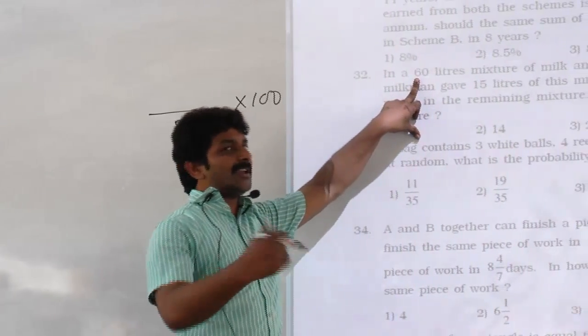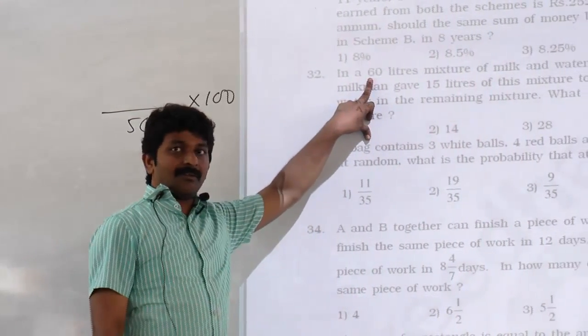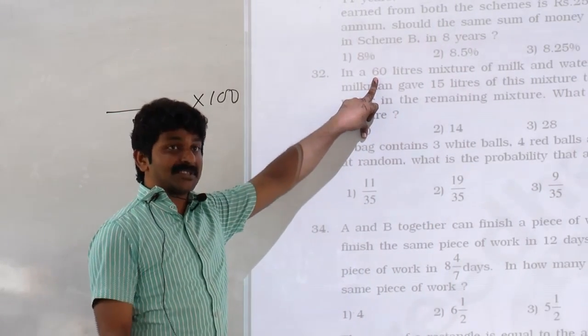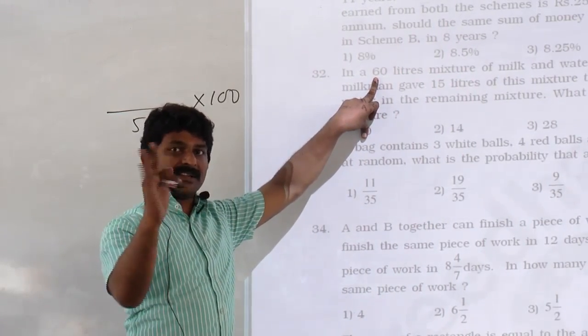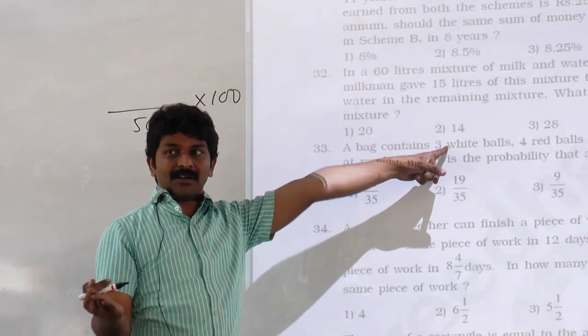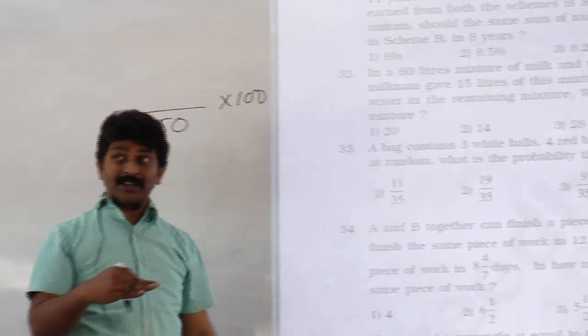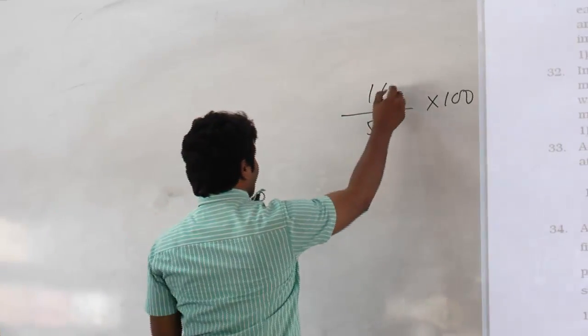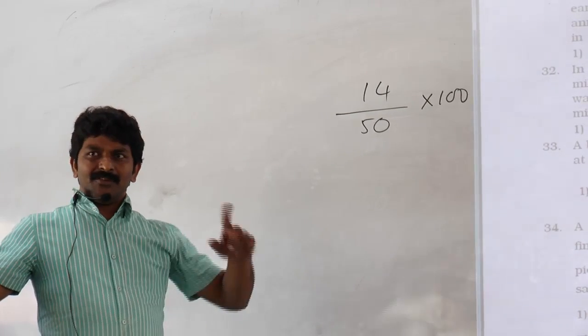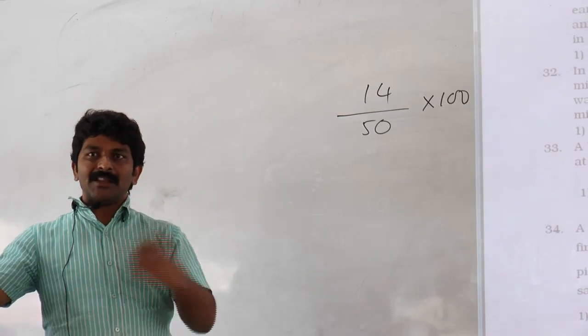So 1/4 of the milk is gone and 1/4 of the water is gone. 1/4 of 12 liters is 3, so 3 liters of water is gone. Remaining 9, and then you are adding 5 liters of water. Now you have 9 plus 5, 14 liters out of 50. If it is 14 out of 50, per 100 that will be 28.